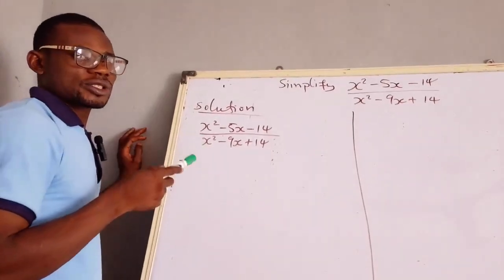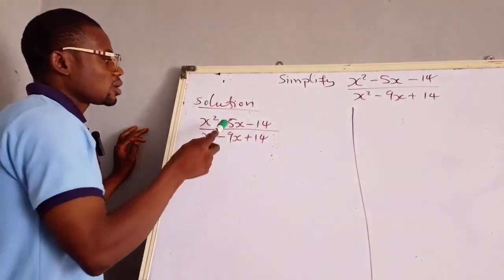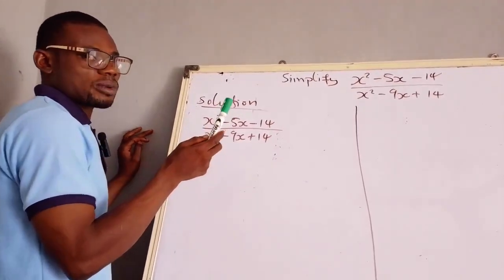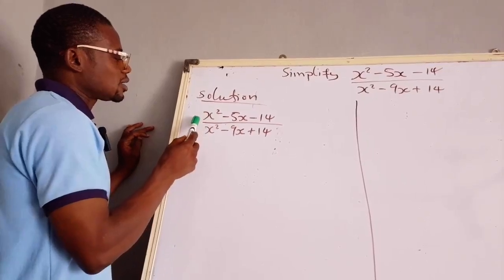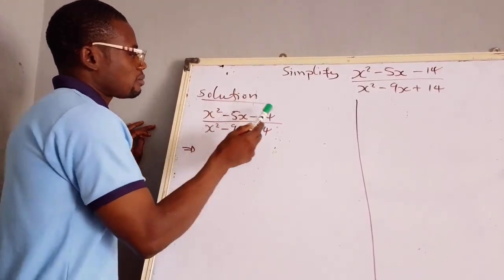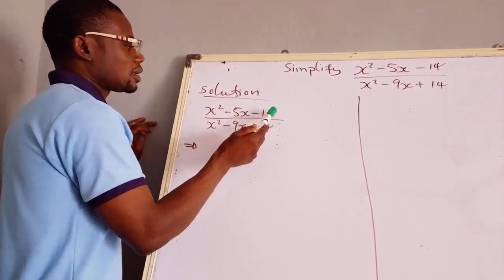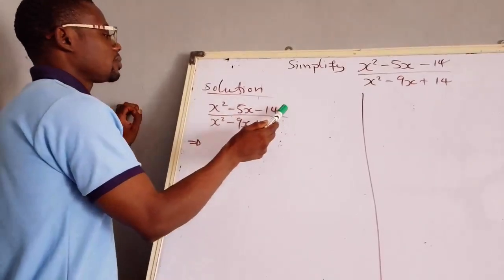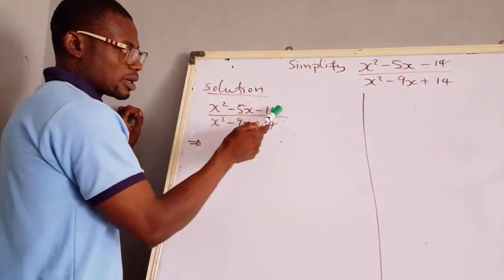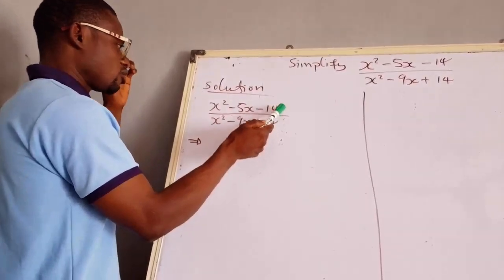In a quadratic expression or quadratic equation, look for a number. There is 1 here as the coefficient of x squared, multiplied by the last number, and we have it to be the same number: 1 times minus 14 gives you minus 14.